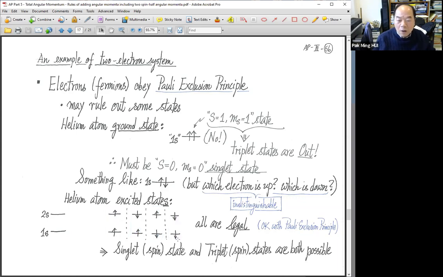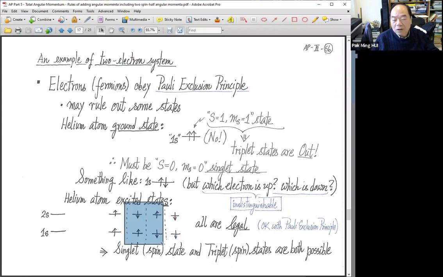Now, first of all, Pauli allows all these possibilities because the 2 electrons are now in different atomic states. The quantum numbers are already different. So the spin can be anything. All right. So obviously, you know that this is a spin triplet. This is a spin triplet.